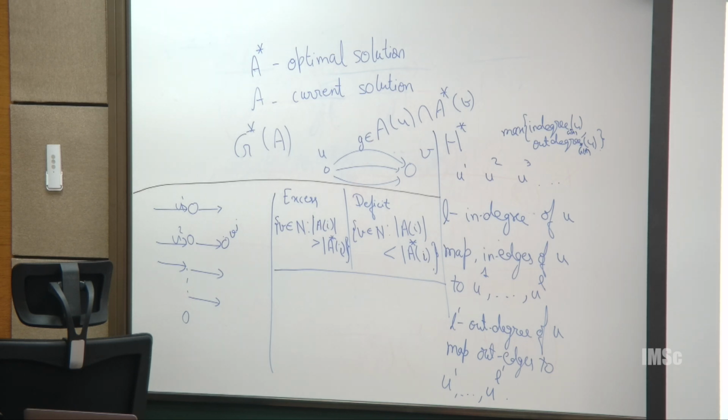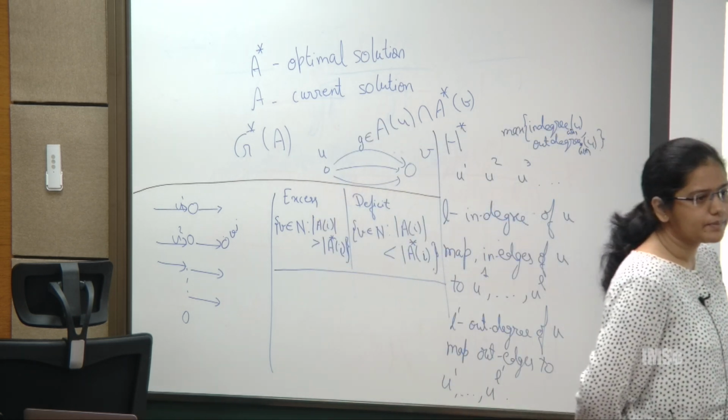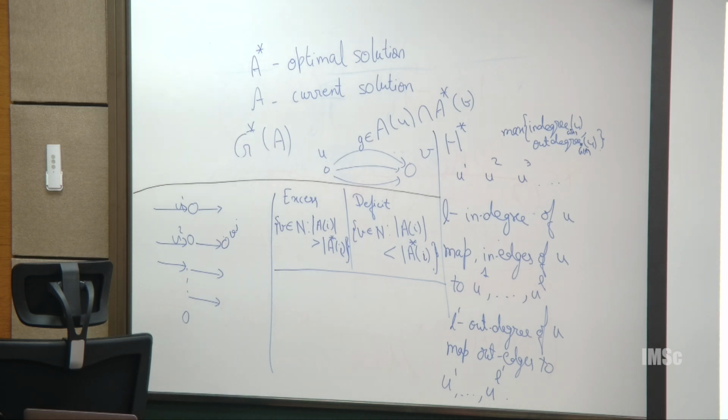Notice every path, every edge is corresponding to a good, correct, and corresponding to a good I have only one arc, right, and here also you have those many arcs that you could move, correct.